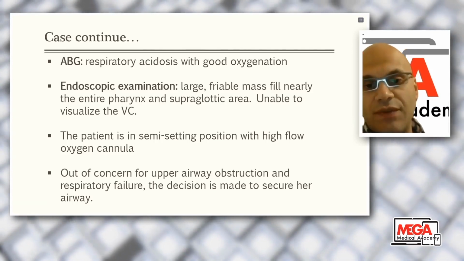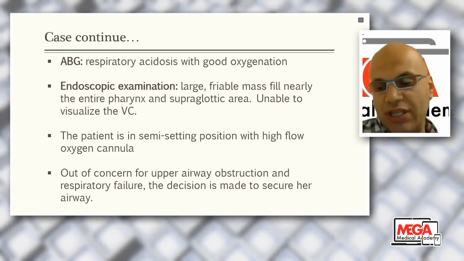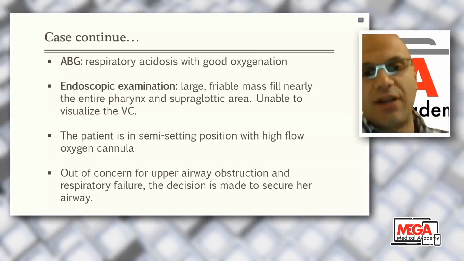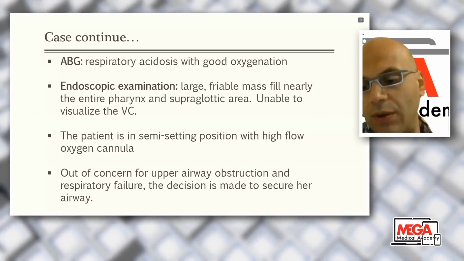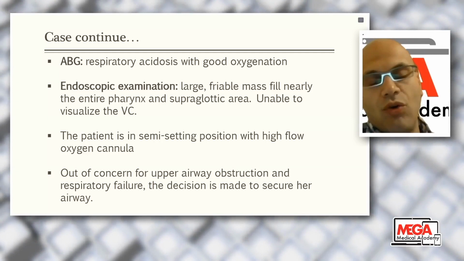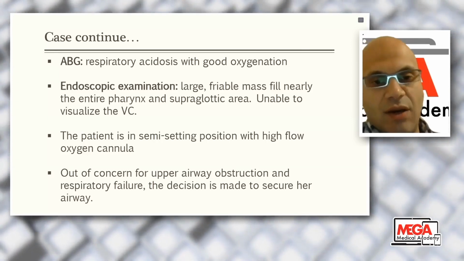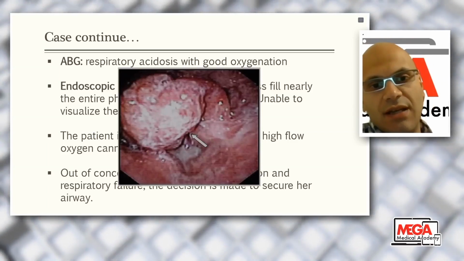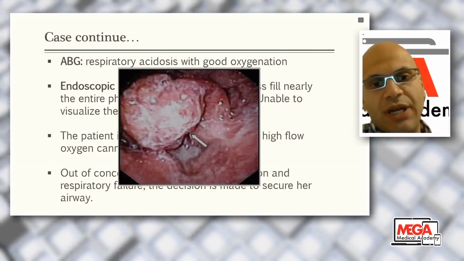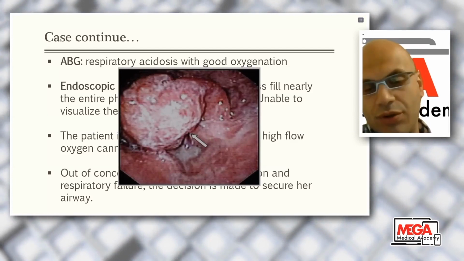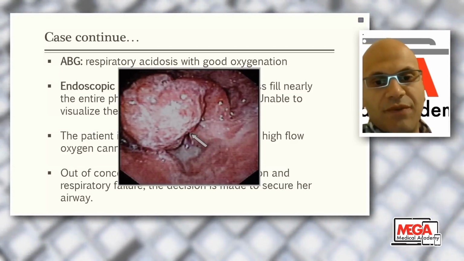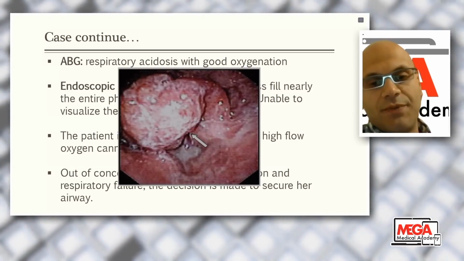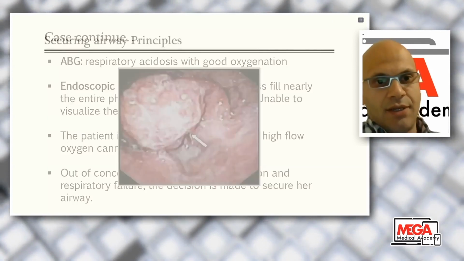If there is any deviation of the trachea, it will give you an indication about the success of awake fiber optic intubation, if you are planning it, or an alternative like awake tracheostomy. And this is the case, as you can see, a supraglottic tumor, and you cannot appreciate the vocal cord.